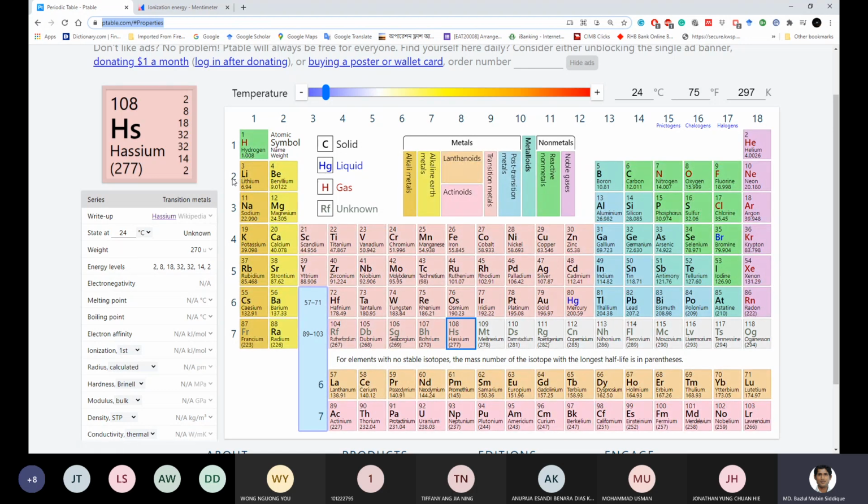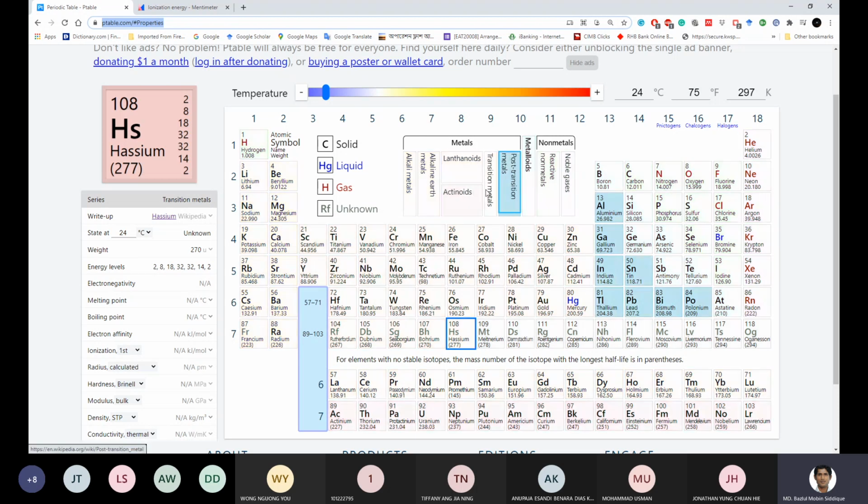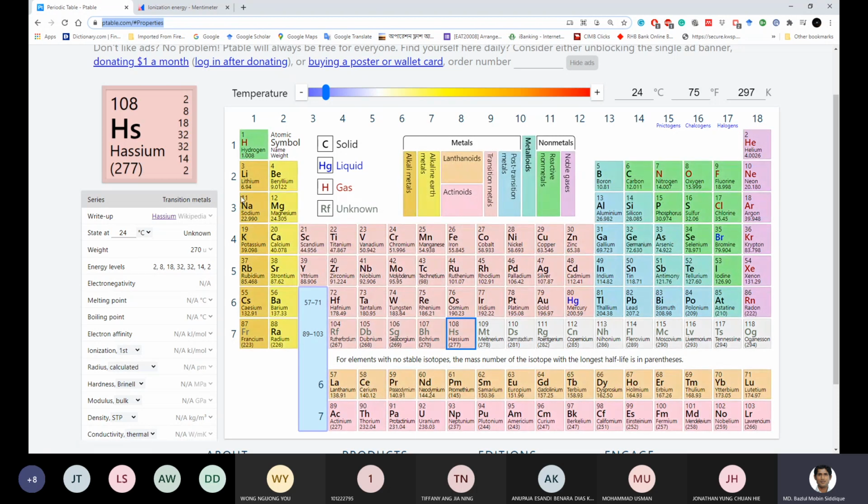In this way, when we go from left to right in the same period, we see that the proton number, what is that called, the atomic number is increasing. The atomic number of the elements is increasing from 3, 4, 5, 6, 7, 8, sequentially from low to high.